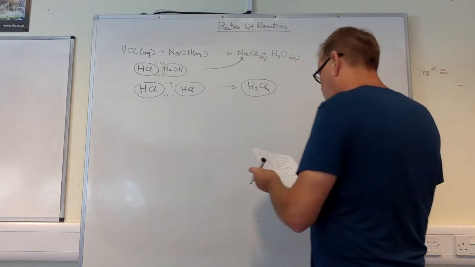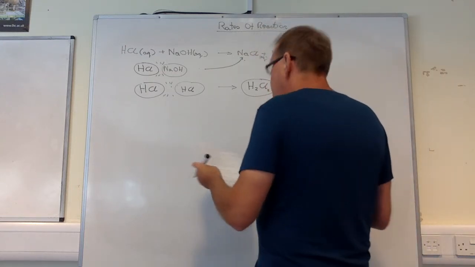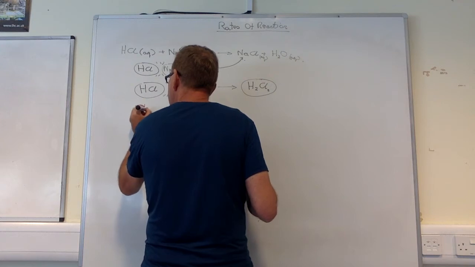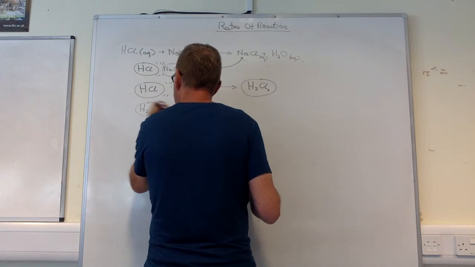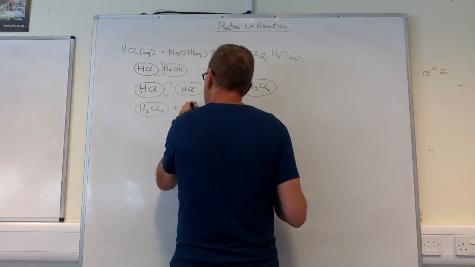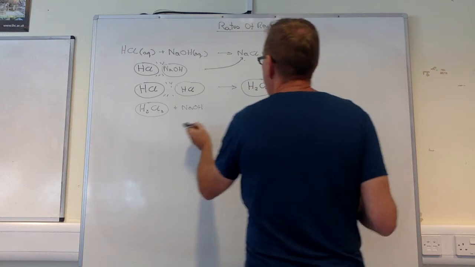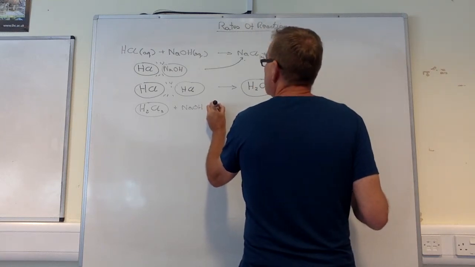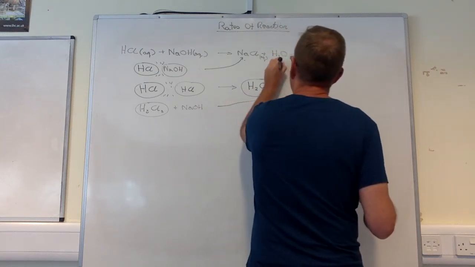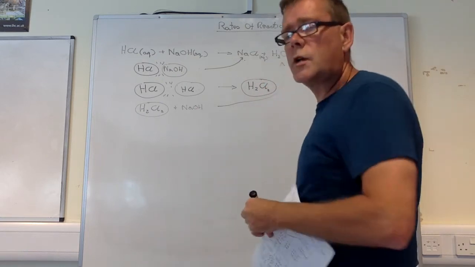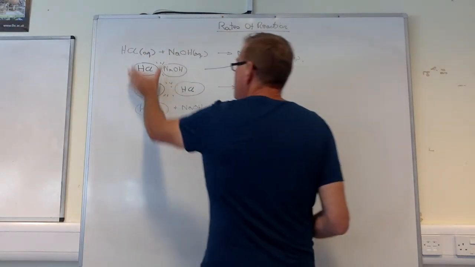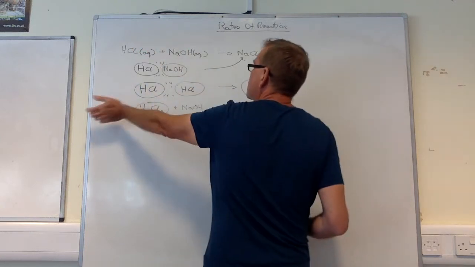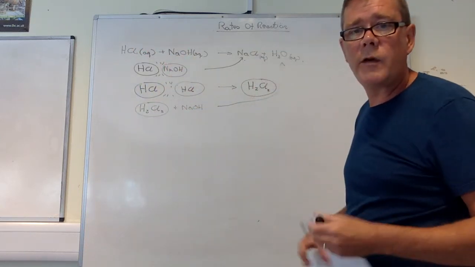And maybe this transitory intermediate then splashes into sodium hydroxide and maybe then goes on to make the products. What I'm trying to say is, different reactions proceed by different routes, like that. It's not necessarily as straightforward as one particle of that flashing into one particle of that. Okay?